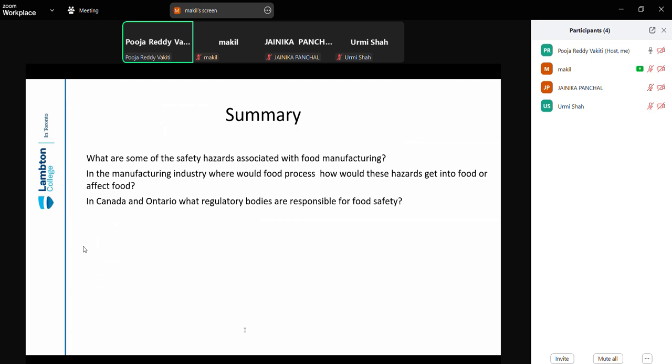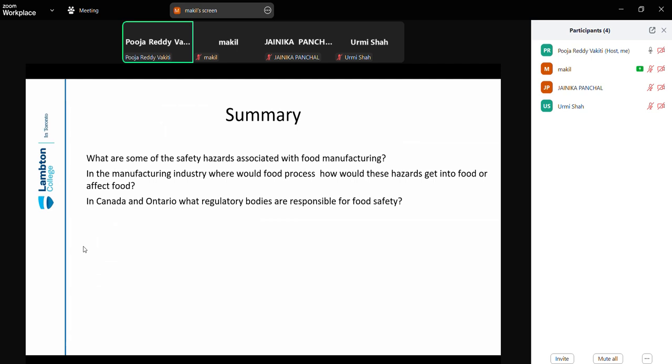And then in the manufacturing industry, where would these situations occur? Like while handling materials, with defective equipment, with a human hazard, and with chemical or allergenic reactions between the ingredients. There are many other cases where we can see contamination.